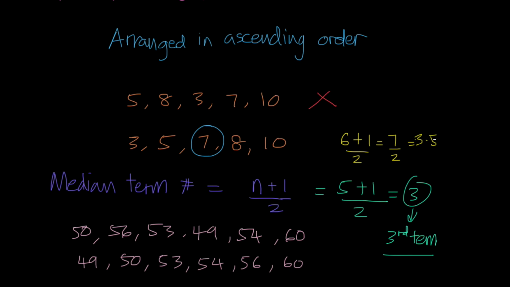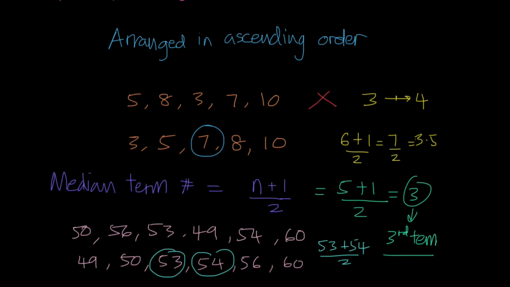So what does that mean? 3.5. So 3.5 is between the third and the fourth term, right? So 3.5 is in the middle of the third and the fourth term. So this means that the median is going to be the average of the third and the fourth term. So average again is 53 plus 54 over 2, and that would be the median.